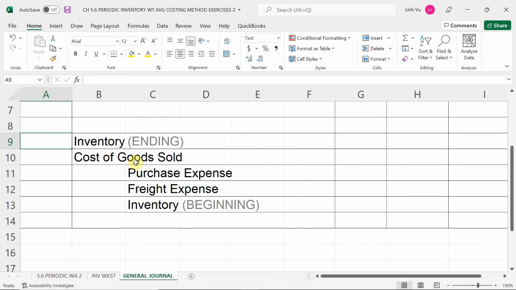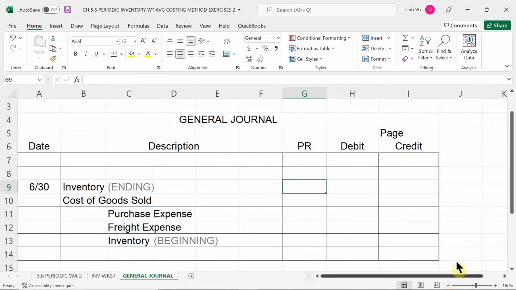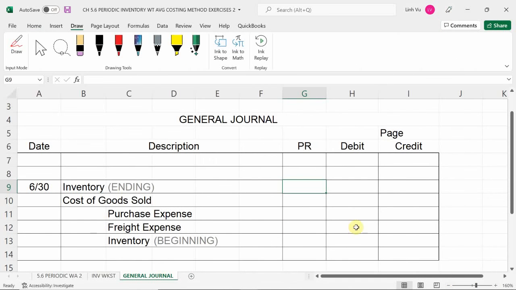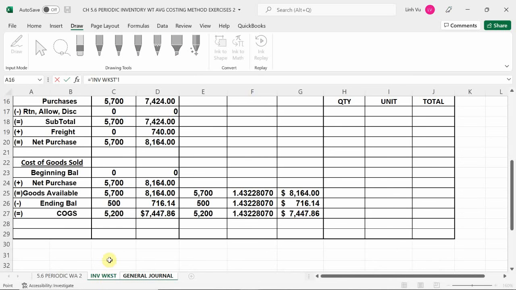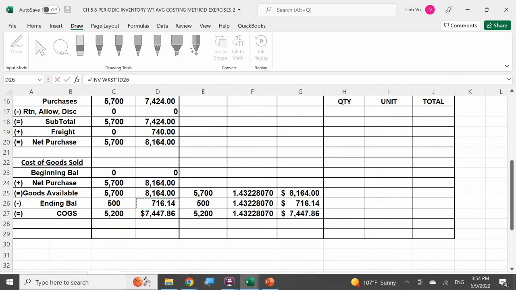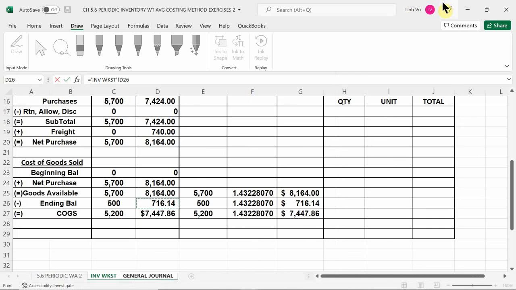All right, last but not least, this one I already filled in for you. So we're dealing with June 30th here. Inventory, ending balance, right? What was your total value of your ending balance? The 716.14, right?